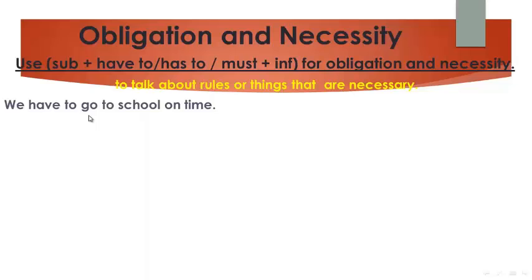Not goes, not went, go. This is the infinitive. To school on time. So we have to go to school on time. It's very important that we go to school on time. If we go late, maybe we are not going to be accepted to enter the school.